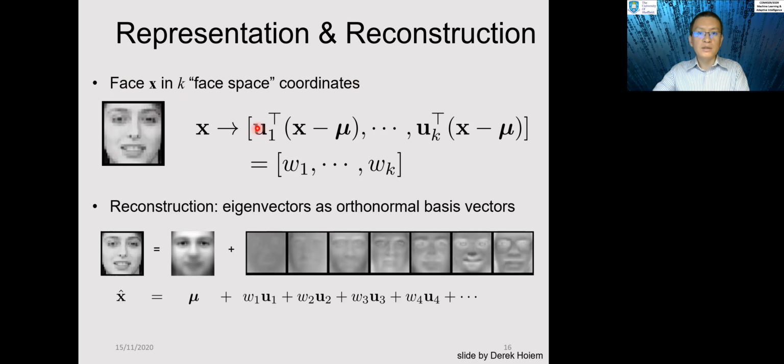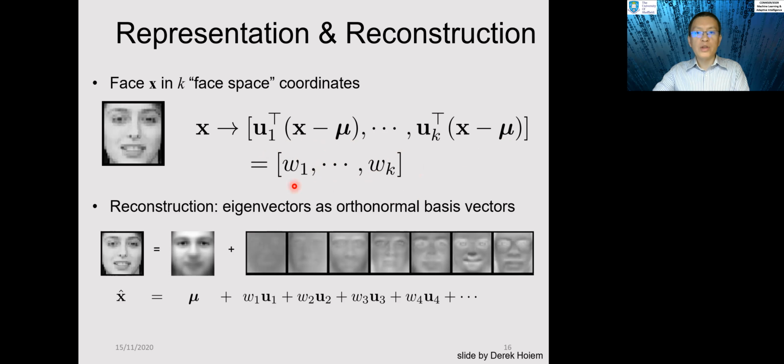So this is the first eigenvector, and this is the k-th eigenvector, and this is the data mean. After we subtract the mean and then do the projection, we obtain a coordinate in the first direction, W1. And we do this for all the k directions, and we obtain k coordinates.